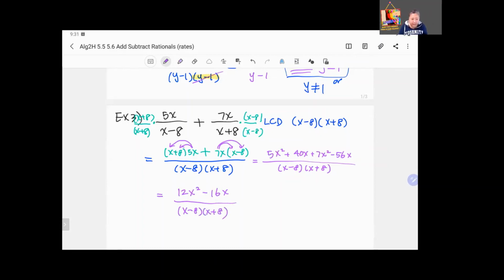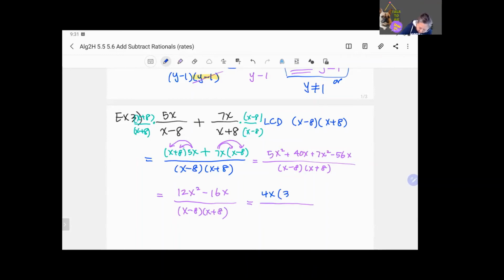Should we leave it like this? No, we still try to simplify it, right? So the denominator side is already completely factored, so it's okay. But we have to look at the top. So now the common factor between 12x squared and 16x, we can factor 4x out.